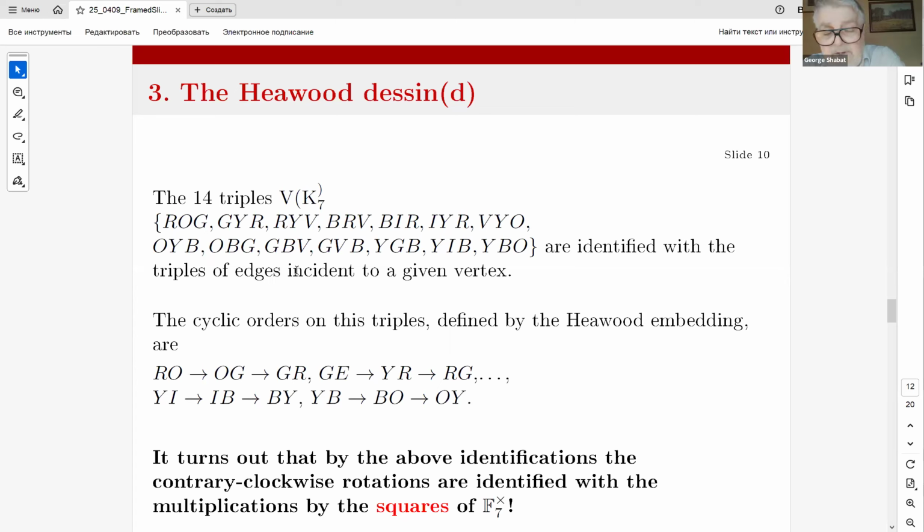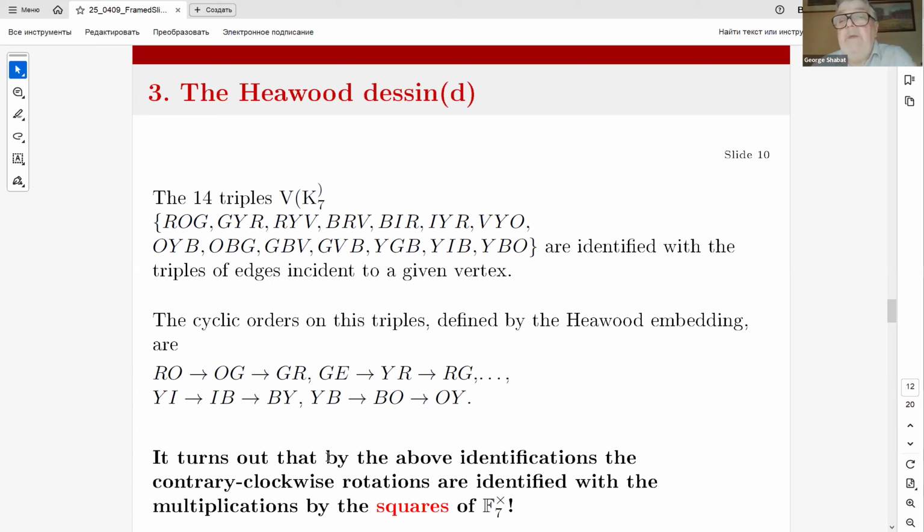The graph is trivalent. And so to define its embedding into any surface in terms of the graph itself, we have to choose one of the two cyclic orders on the set of edges incident to a fixed vertex.